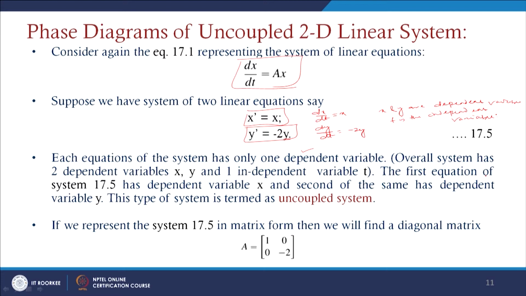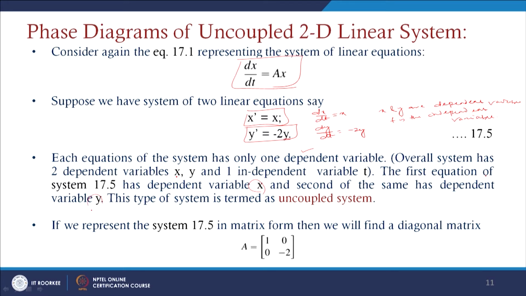Each equation of the system has only one dependent variable, but overall the system has two dependent variables, x and y, and one independent variable. The first equation has the dependent variable x, and the second has the dependent variable y.